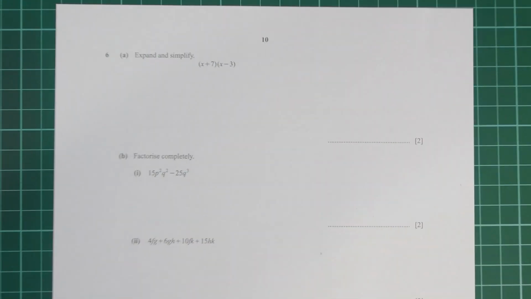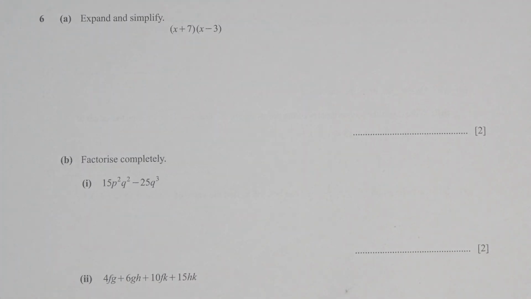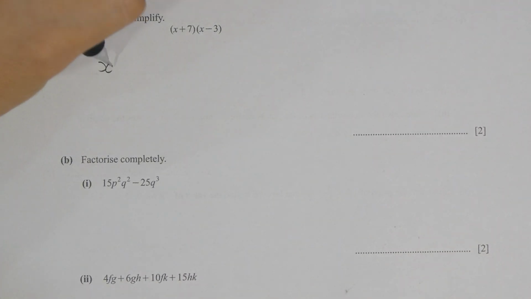So question 6a, just expand, then you will get x squared + 4x - 21 as the answer.